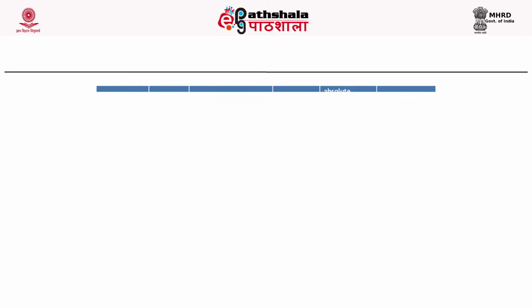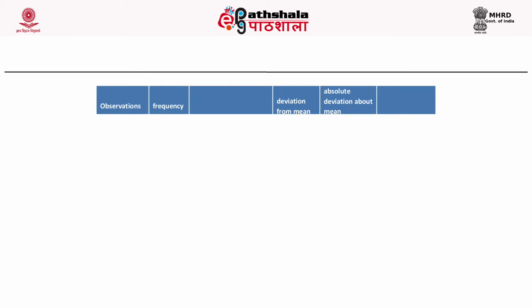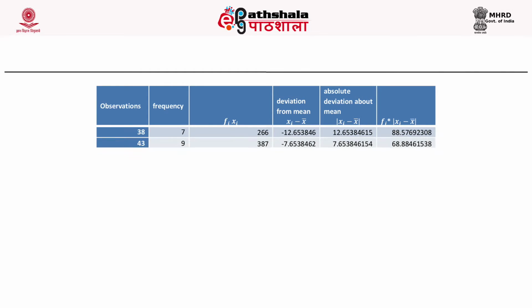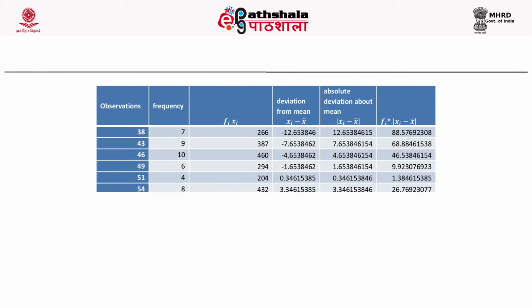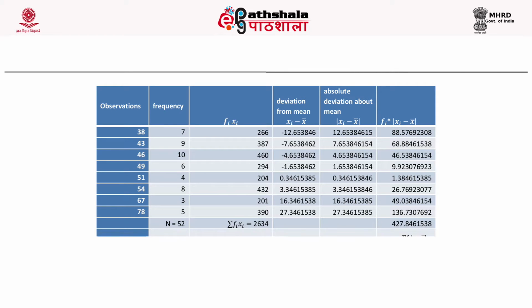From table 2, in the first column we have observations, in the second column we have frequency, in the third column we have the product of frequencies and observations, and in the fourth column we derive the deviation from the mean. For that we subtract the mean from each individual observation, and after taking absolute values, the values are shown in column 5.